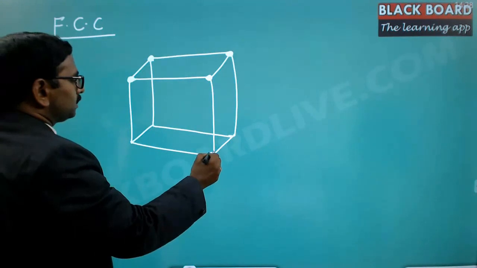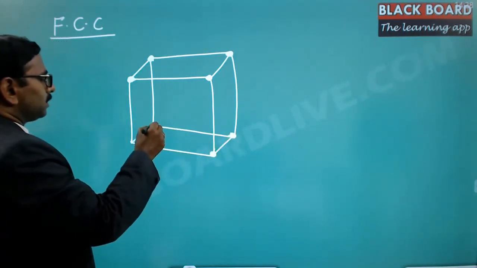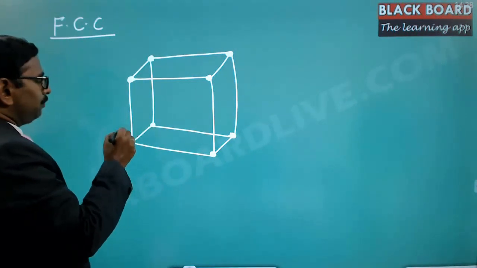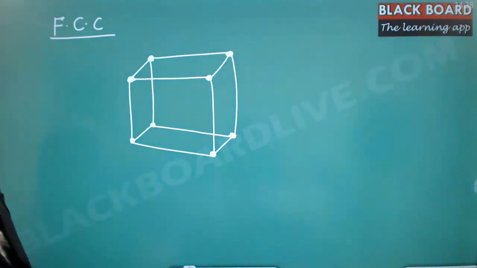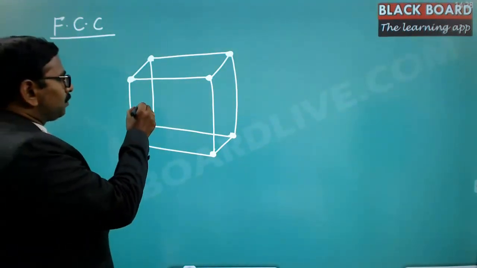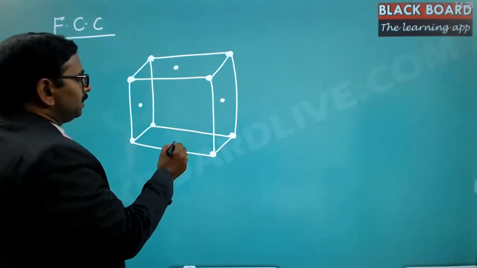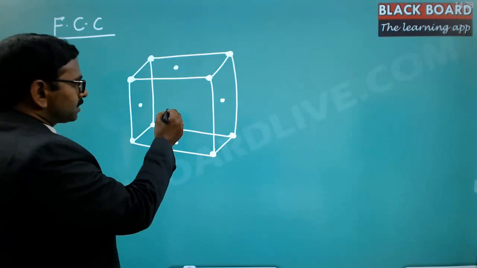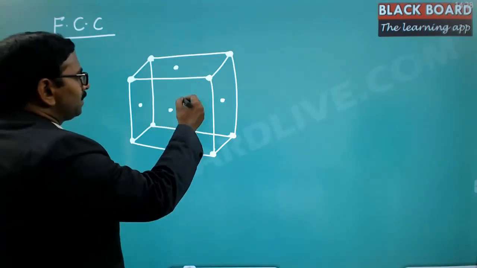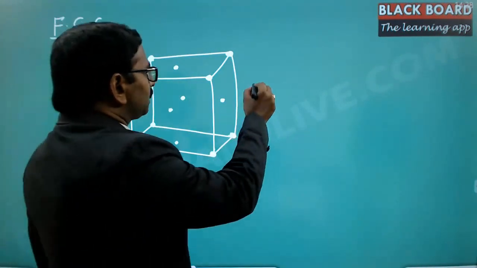Next, every face has 1 point at the center. So this face consists of 1 point, this face has a point, here 1 point, here 1 point. Front face has 1 point, back face has 1 point. Total 6 points.